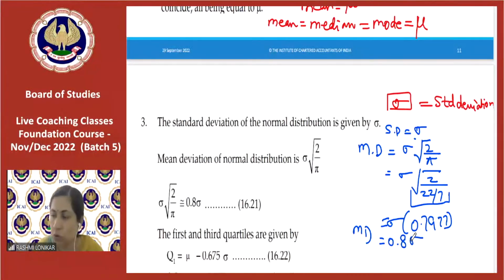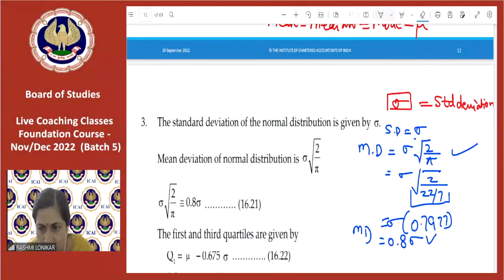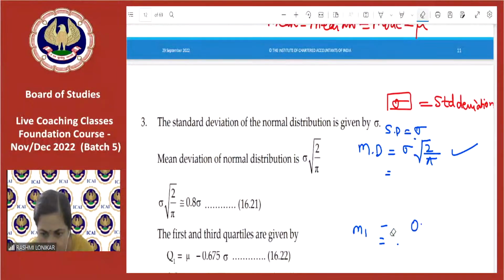Okay. So either you remember this or you directly remember this. So you don't have to worry. This calculation I've shown for your understanding, but you simply have to remember this.